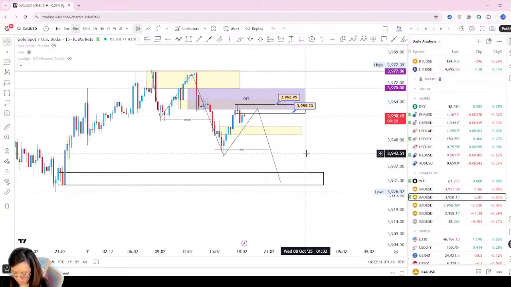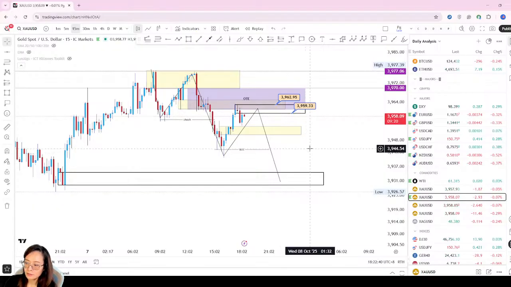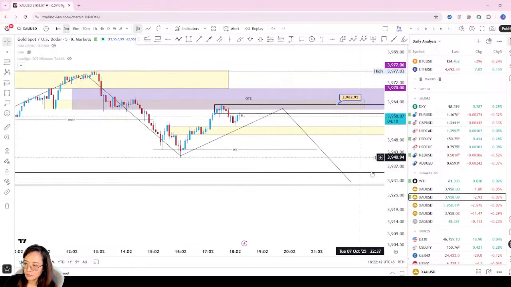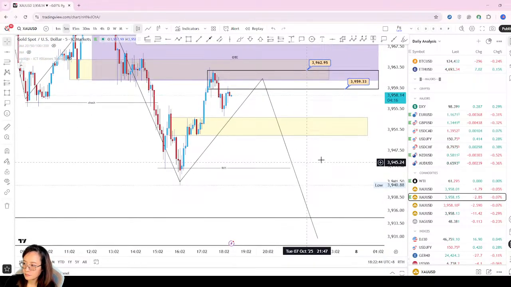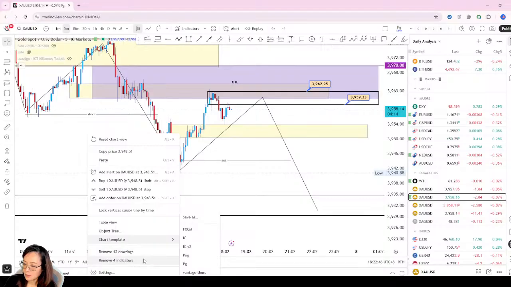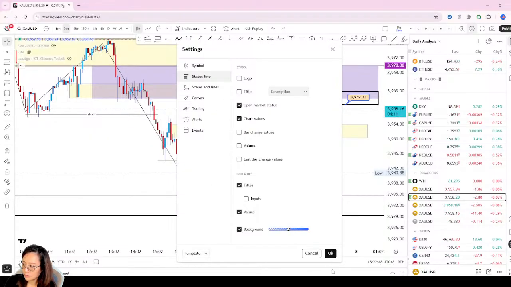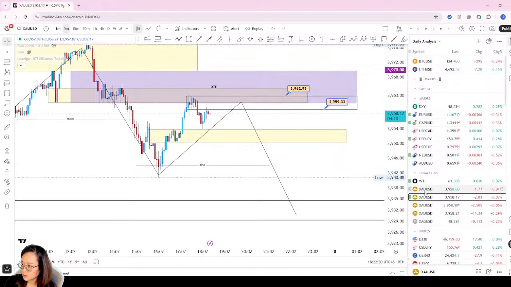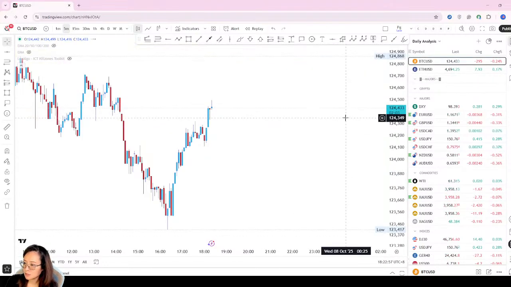Come on. Anyone? No one. No one. No one wants to request. What pair should I look at? BTC? Anybody? Anybody trade BTC?